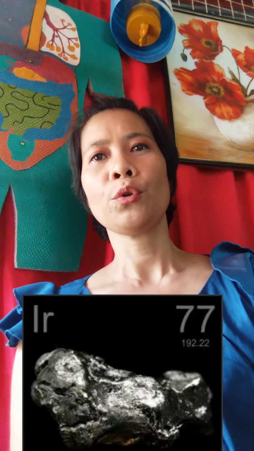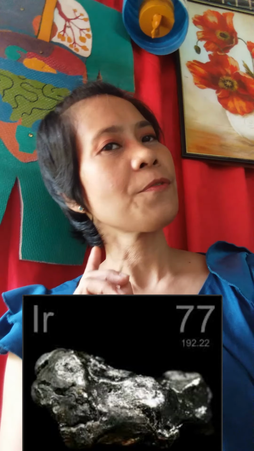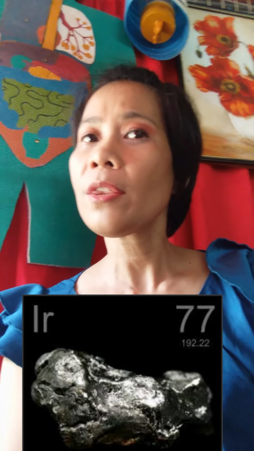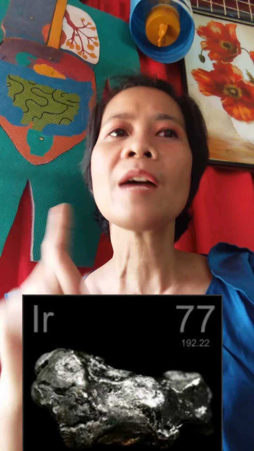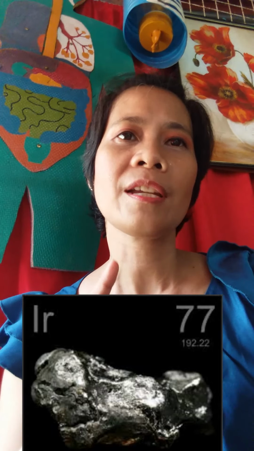A possible clue to this puzzle is the finding that iridium is also found in asteroids. In outer space, some scientists suggest that this element could have come from an asteroid that collided with the Earth 65 million years ago.